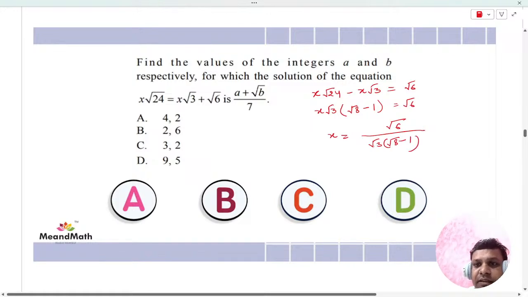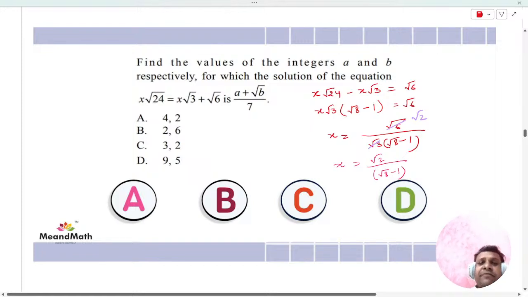अब अगर आप थोड़ा ध्यान दें तो ये रूट 3 से रूट 2 टाइम्स कैंसिल आउट हो जाए. So you will get x is equal to root 2 upon root 8 minus 1, since root 3 is already cancelled out. In the numerator it's root 2.